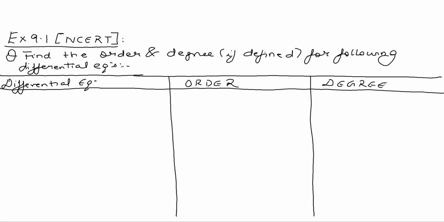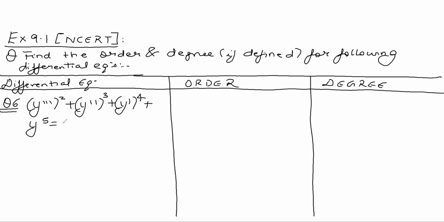So guys, from this exercise, I'm doing question 6. (y triple dash) square plus (y double dash) cube plus (y dash) to the power 4 plus y to the power 5 equal to 0.